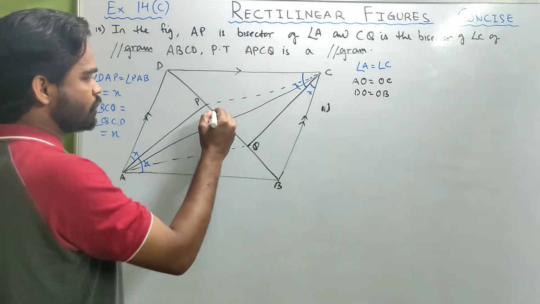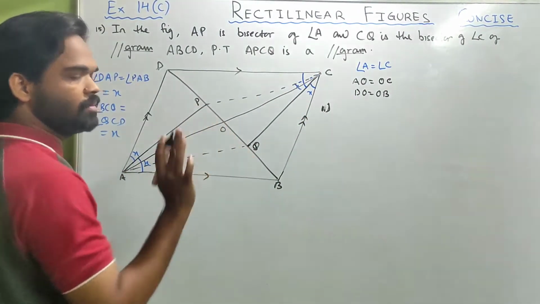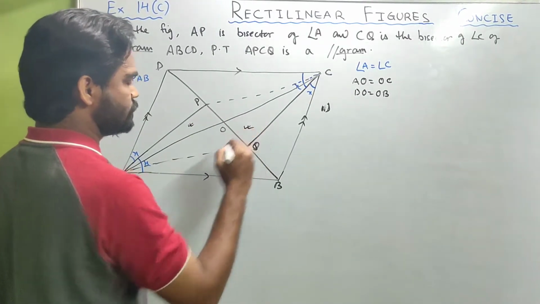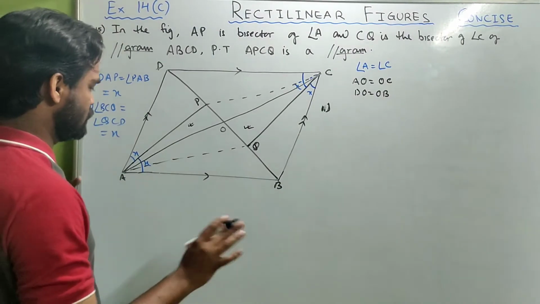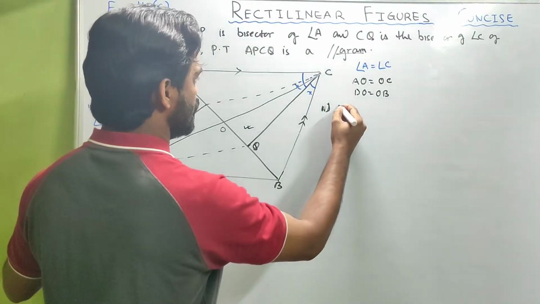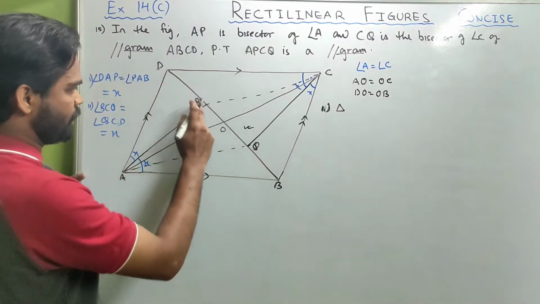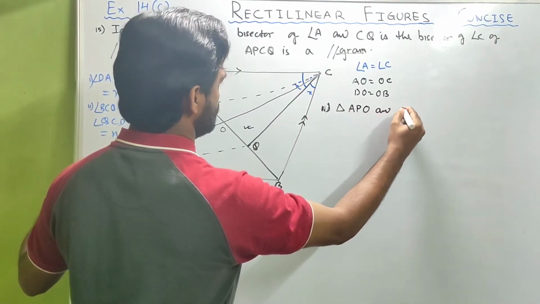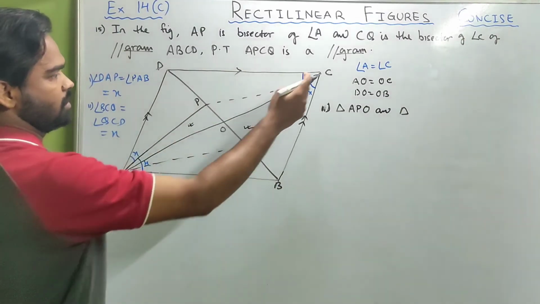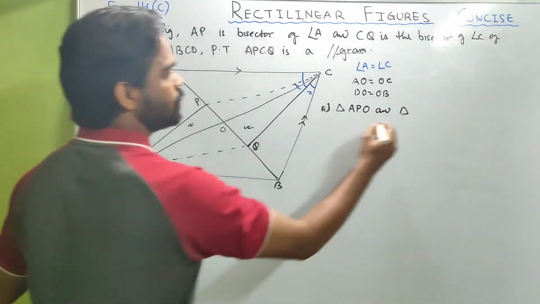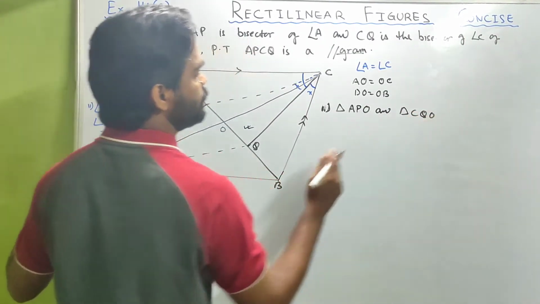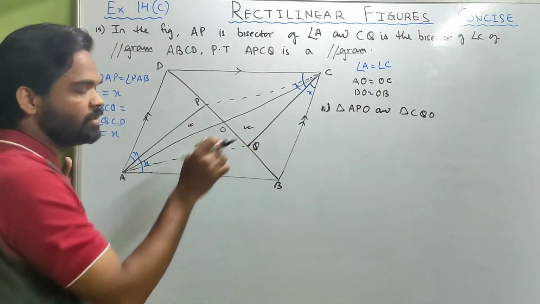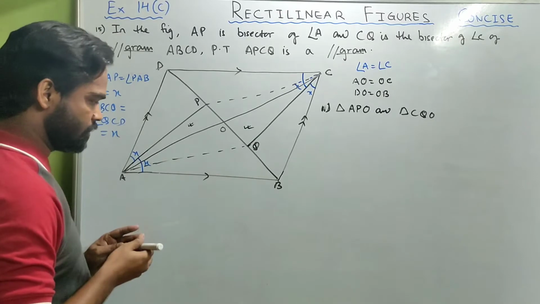Our main motive is to prove that PO and QO will be same. Look at these two triangles. I'm talking about triangle APO and triangle CQO. My main motive is to prove that these two triangles are congruent. So this side and this side will be equal. Our work will be done.